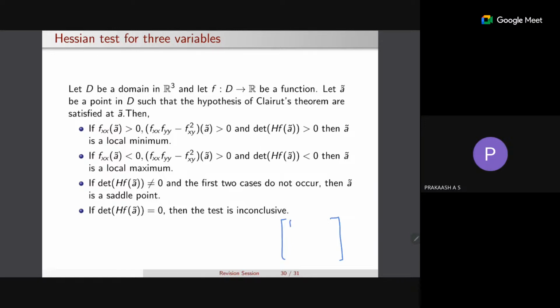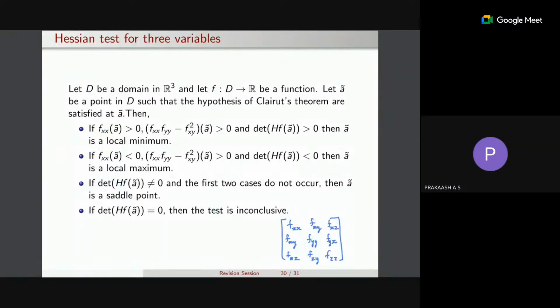You look at a 3-variable function, you'll have fxx, fxy, fxz, fxy, fyy, fyz, and then you have fxz, fzy, fzz. Right, this is your Hessian matrix.